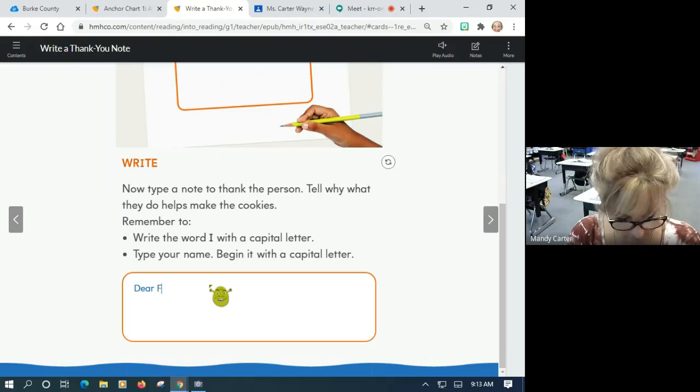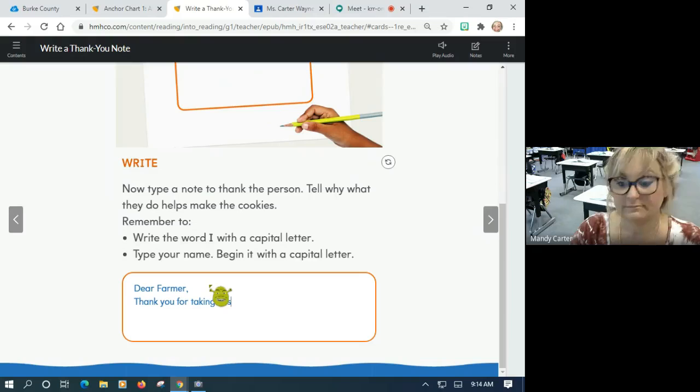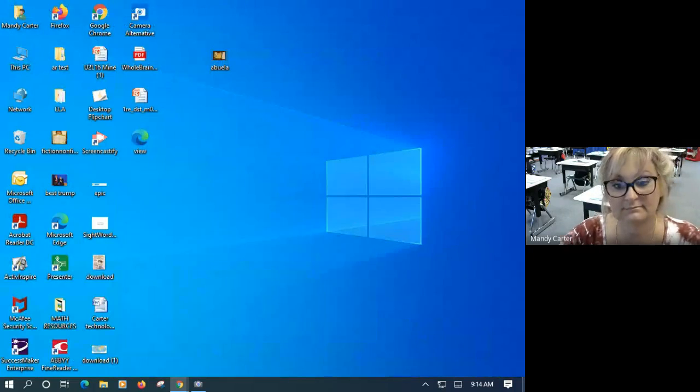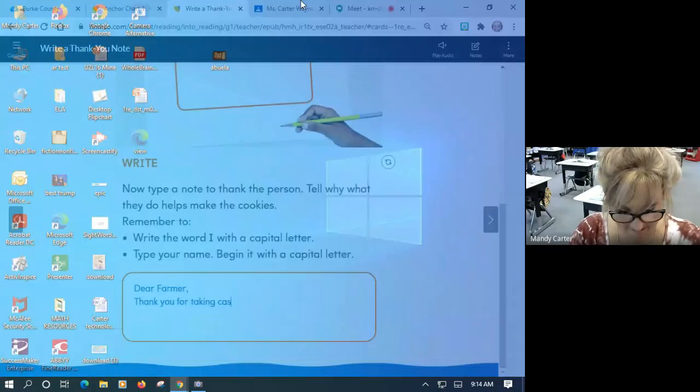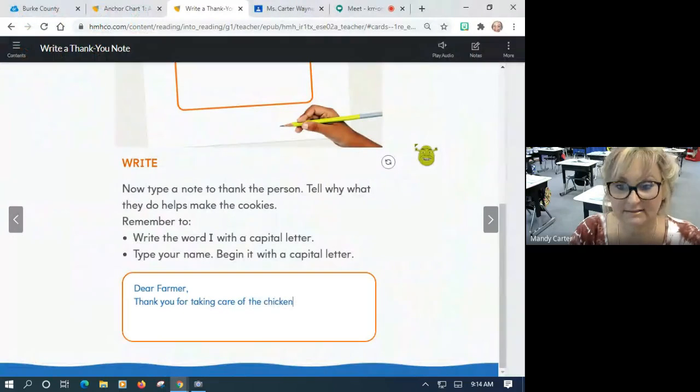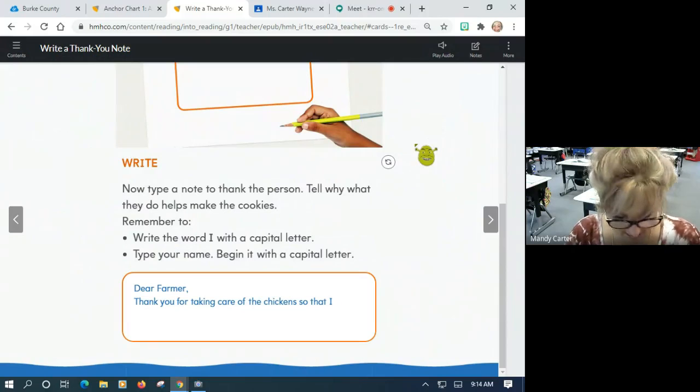Dear farmer, thank you for taking care of the chickens so that I, see the capital I, could have eggs to make cookies.